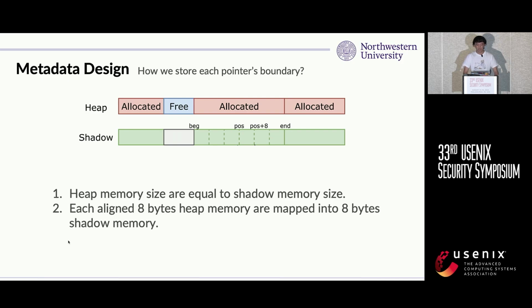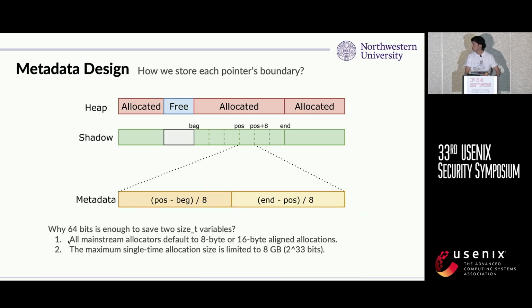Then we introduce how we store each pointer's boundary. We use shadow memory to save the metadata like ASan. The heap memory size is equal to the shadow memory size, and each aligned 8 bytes of heap memory are mapped into 8 bytes of shadow memory. In this figure, the begin and the end indicate the boundary of the object, and the ptr to ptr plus 8 is an aligned block.